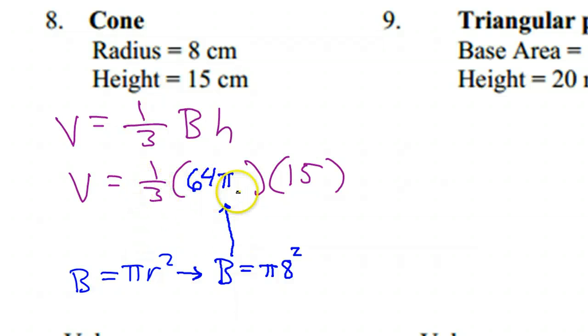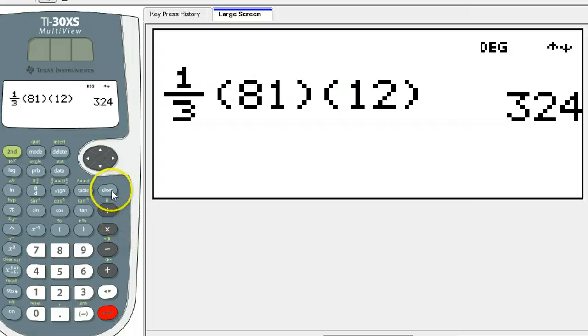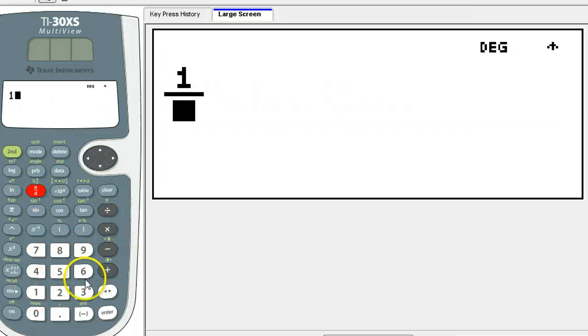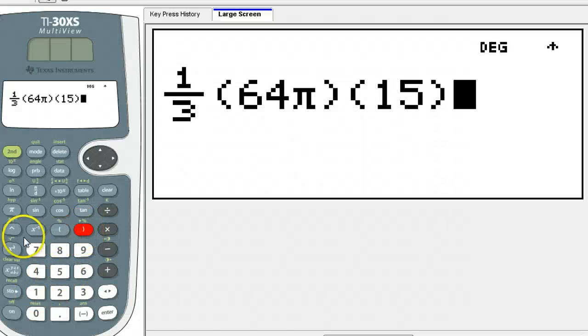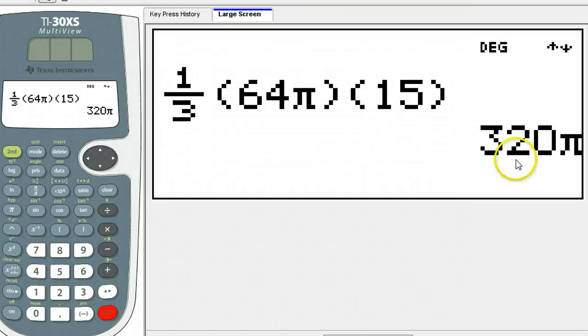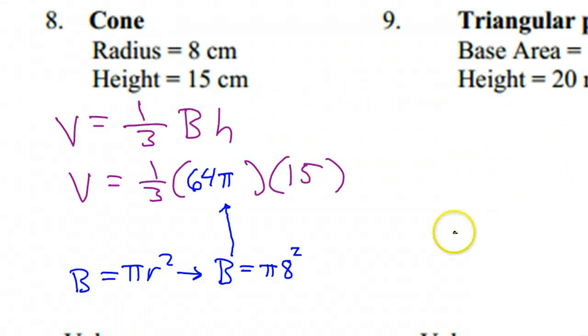So it's 1/3 times 64 pi times 15. So that's 320 pi.